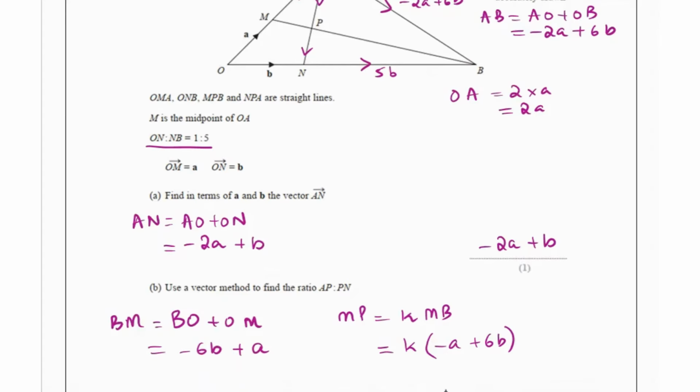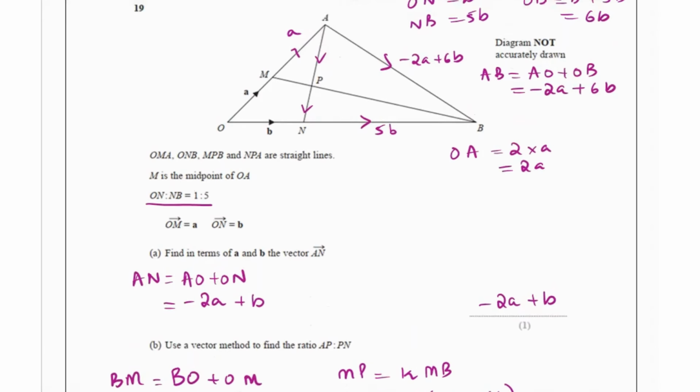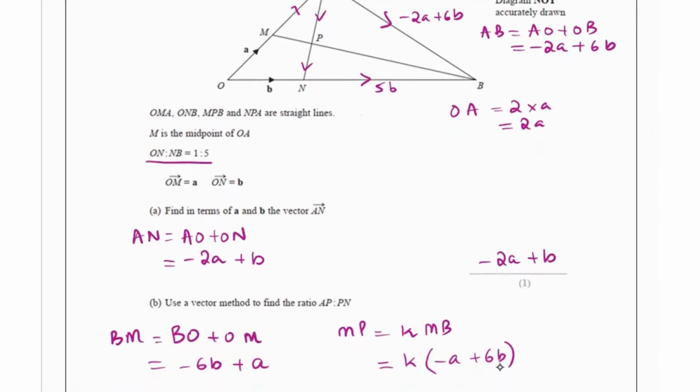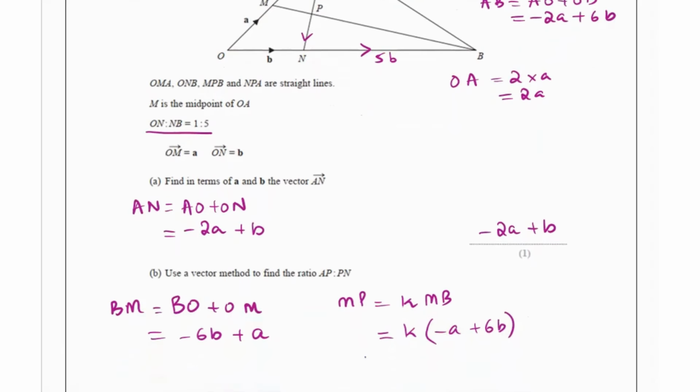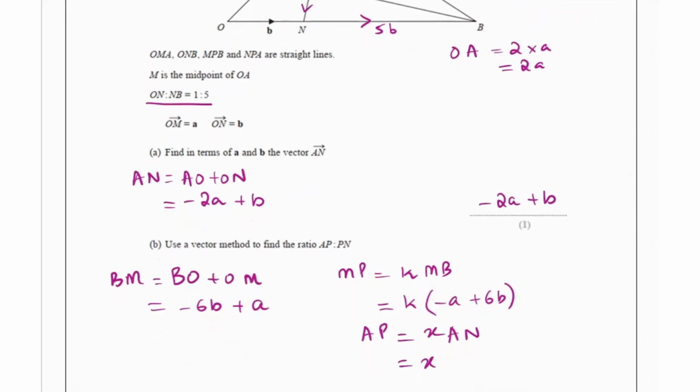Similarly, we have AN and AP lies on AN. So AP is also going to be some scale factor, let's say X times AN. So that's going to be X times negative 2A plus B. This is AP. So we have an equation for MP and AP.